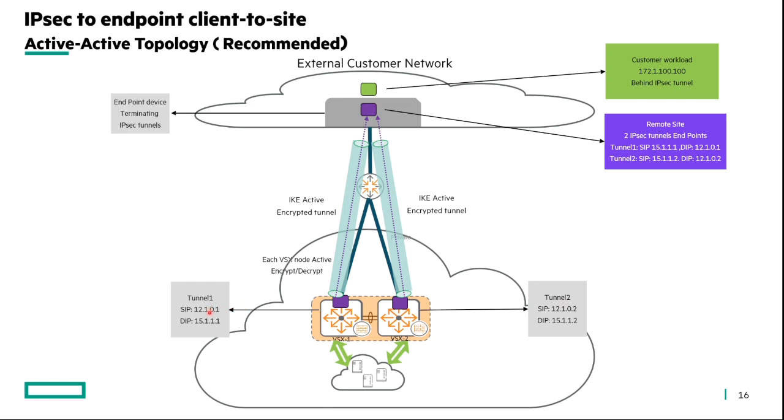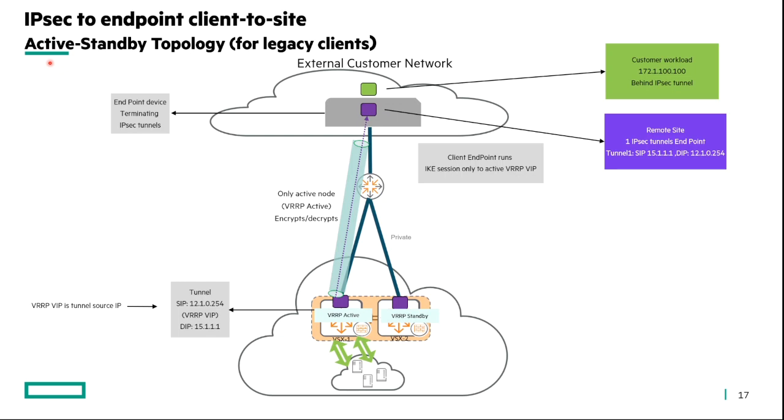They've got different source and destination IPs, as you can see, which are reflected vice versa at the remote site, and there are two active tunnels with IKE active set up to get those tunnels up and running. Effectively, traffic can be load balanced with multi-chassis link aggregation at the edge to go down and load balance across the tunnels. So that is the recommended topology. Ideally VSX at the other end, but any endpoint device that supports active will work.